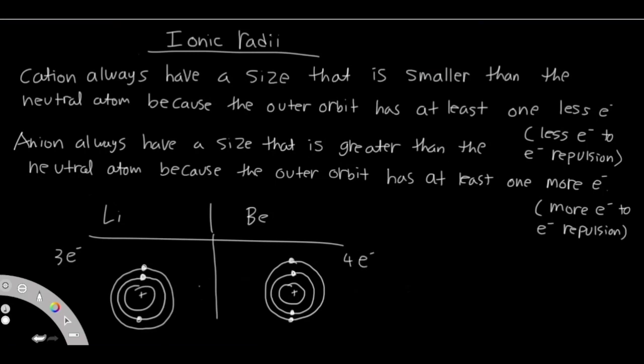All right. In order for lithium to be happy, it's going to lose 1 electron because it's a group 1 element. Beryllium is going to lose 2 electrons. Sorry, maybe I'll do 1 electron up here and then maybe 1 electron there. So lost 2 electrons.